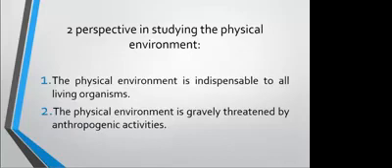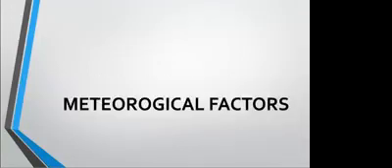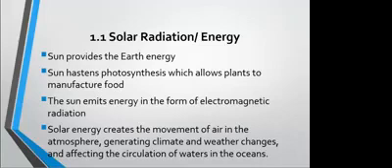So let's now talk about meteorological factors. We have solar radiation or energy. Basically, the sun provides the earth energy, and most of our living things rely upon the earth's energy, such as the plants.